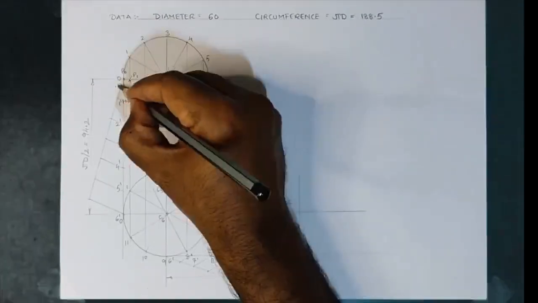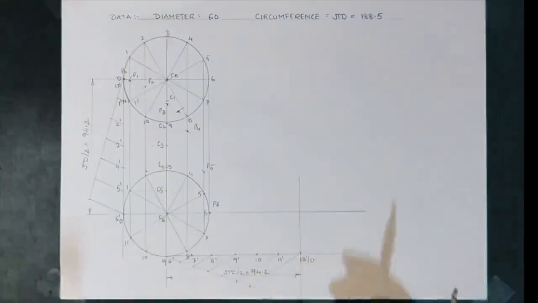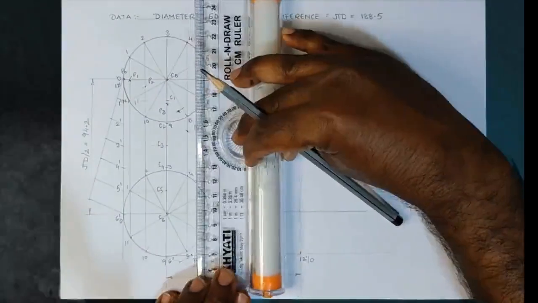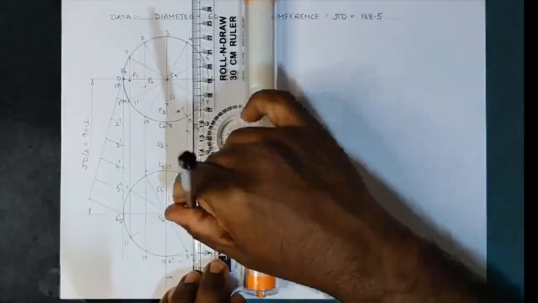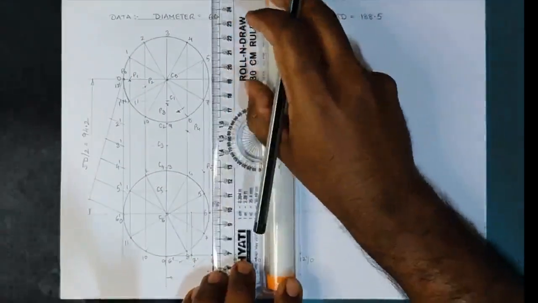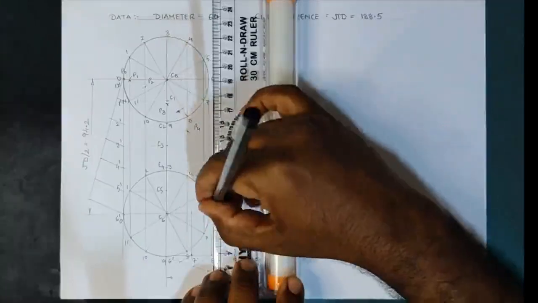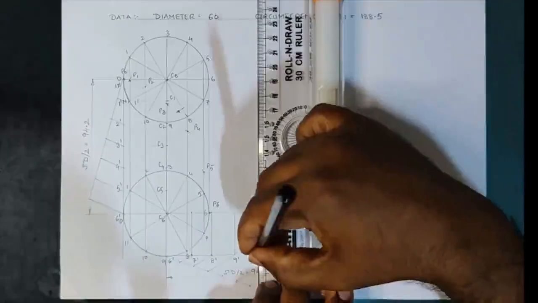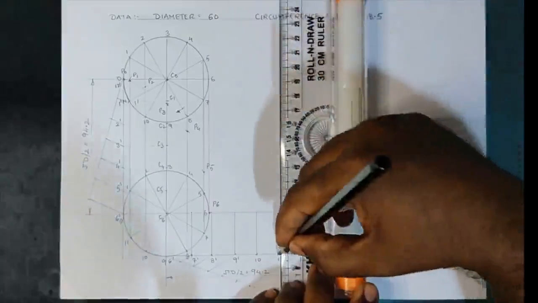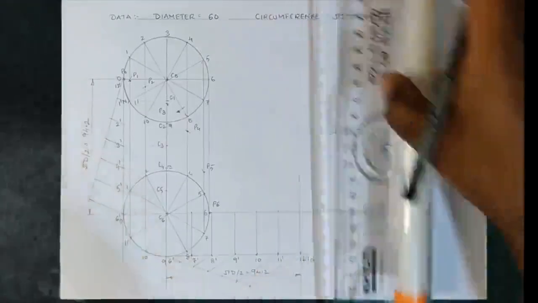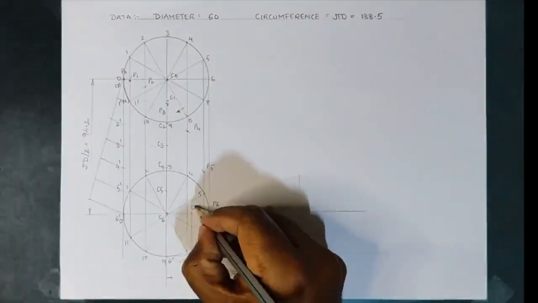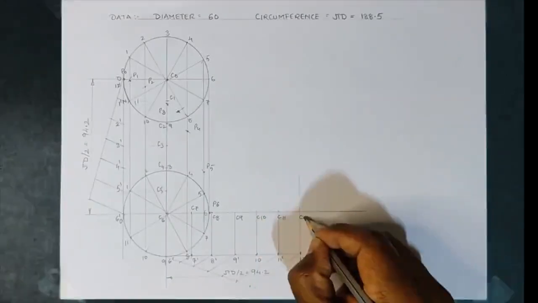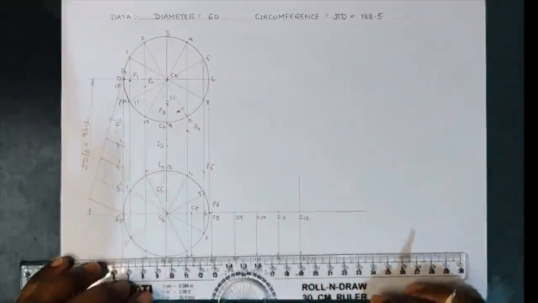This was the starting point, that is at point 6 the center would lie, and now I am finding the centers for C7, 7th division, 8th, 9th, 10th and 11th position. So I have found the centers when the circle rolls through the horizontal.